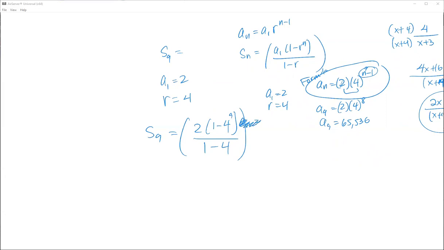4 to the 9th power is 262,144, so it'd be 2 times 1 minus 262,144. Remember, you're subtracting 1, all over negative 3.